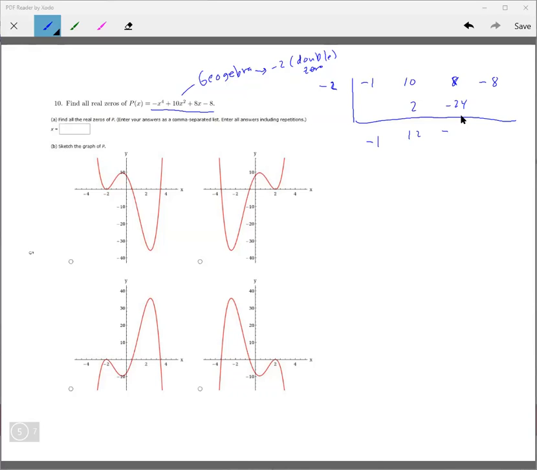Anybody see where I went wrong? Dang, I'm really confused.